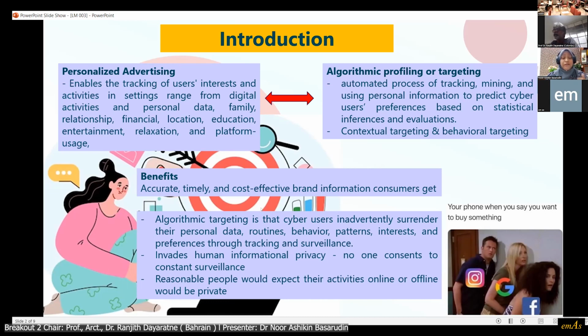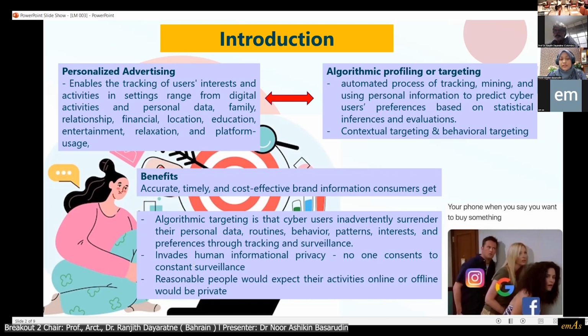Okay, so in algorithmic targeting, of course, for us it could be a benefit. It could benefit us as it gives you the right content of what you need. But the issue here is you will pass your information, or your personal data, unknowingly. Okay, so as you scroll, as you key in your information, it is already tracked.